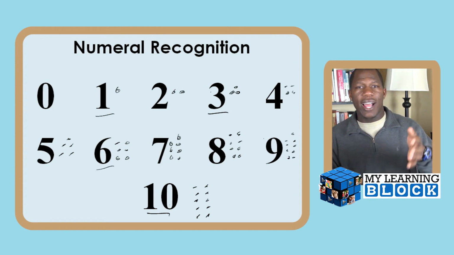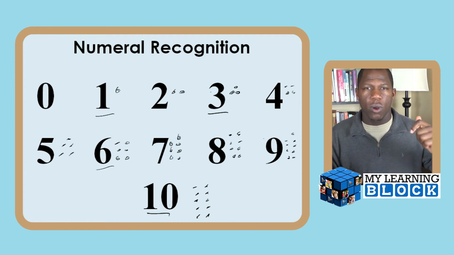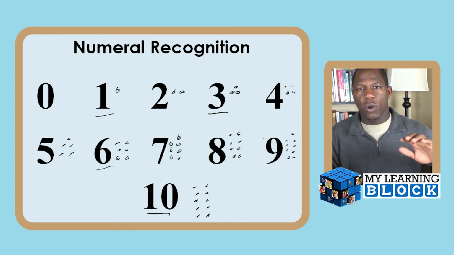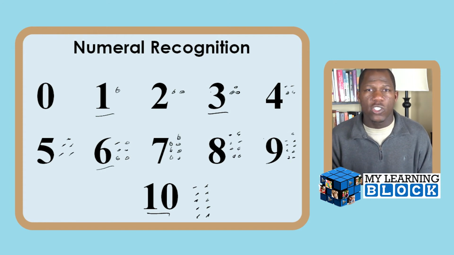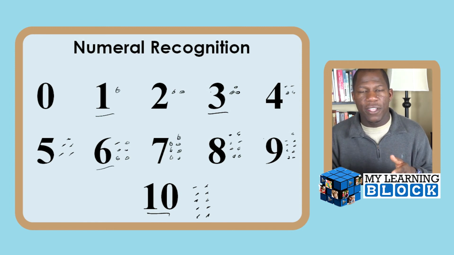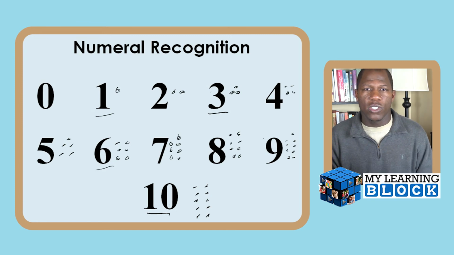Again, you want to allow them to understand the pattern of the numerals in order. 0, 1, 2, 3, 4, all the way to 10. Honestly, with younger children, I'd start maybe 1 to 3, then 1 to 5, then 1 to 10, so they can build up on those numbers, or maybe 1 to 10 if they're ready for it.